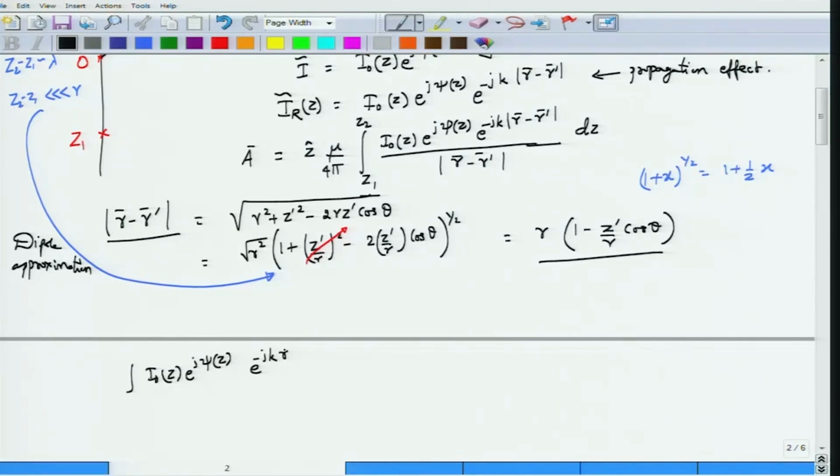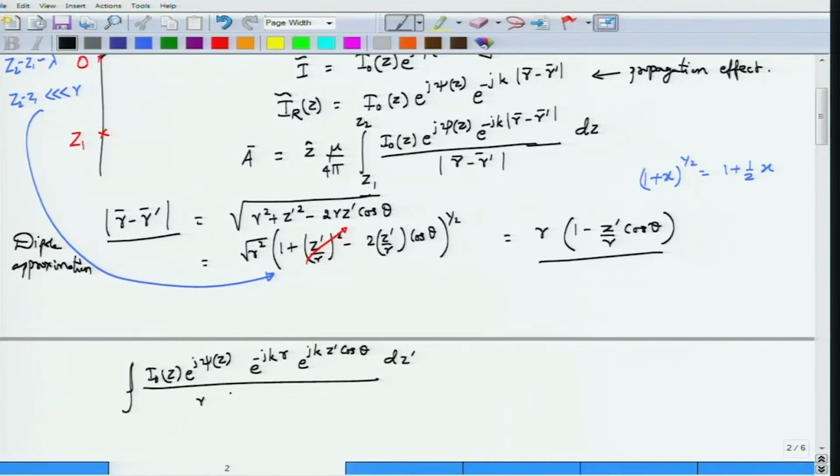Substituting the approximation, you get e power minus j k r, and then also e power j k z prime cos theta, because r into r will cancel. The integration is along the z axis, divided by r minus r prime in the denominator.